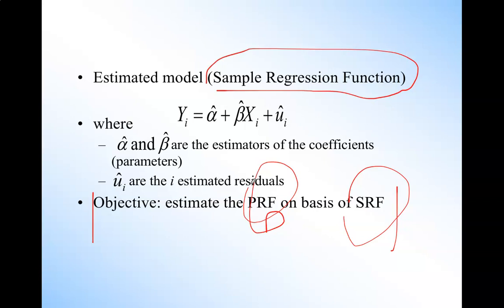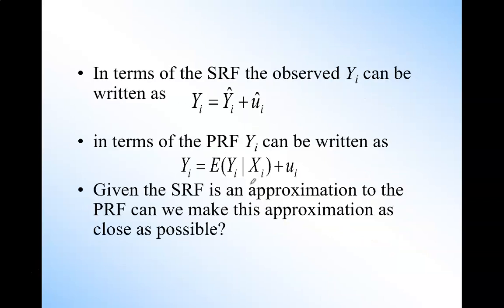Same thing if you want to do research on the perception of UNIMA students and you use FEB only as the representation of the student population here in the university. That is not good enough, right? That is for a cross-sectional kind of study, and time series, as I mentioned just now. So given the SRF, the sample regression function, it should be a good approximation of the population regression.